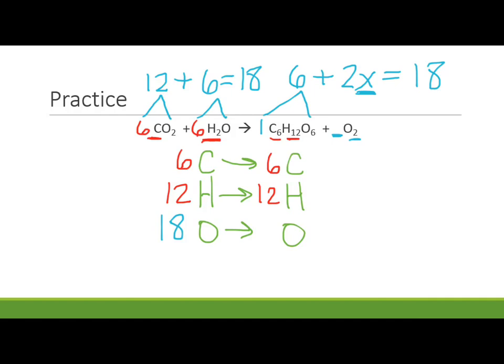And let's see, it looks like x has to equal 6, right? So if I go ahead and put a 6 out front here, then 6 times 2 would be a grand total of 12 here. And so that would be 18, and that's perfect. So that gives me a nice balanced equation for photosynthesis.